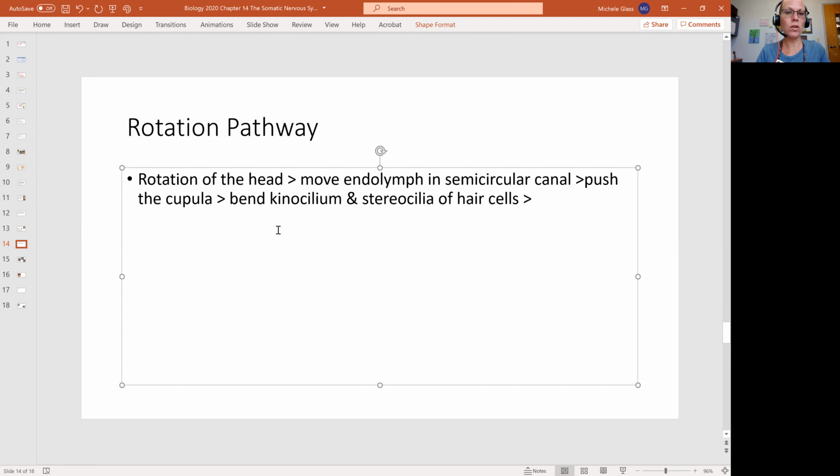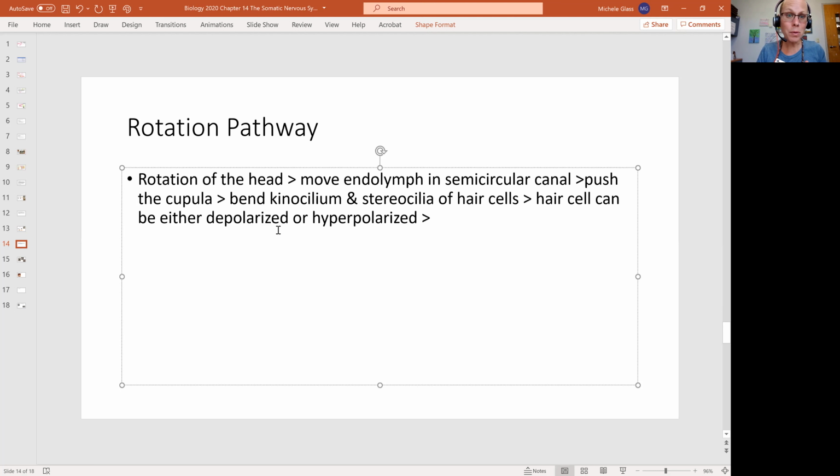And depending on whether they're being pushed toward the kinocilium or away from the kinocilium, we're going to see that the hair cell can be either depolarized or hyperpolarized. Remember, when we say a cell is depolarized, that means it's becoming more positive. So that's a stimulation.